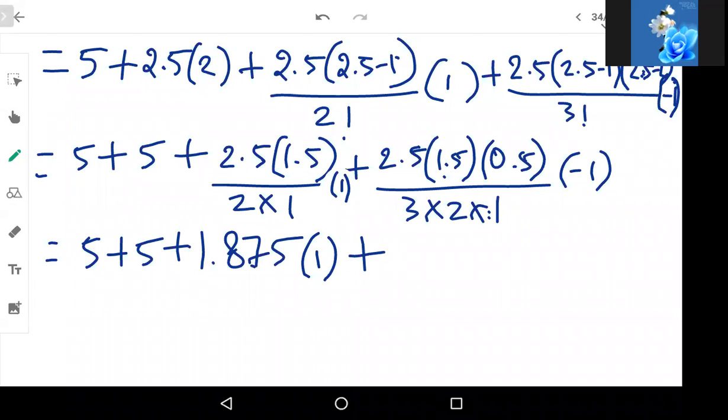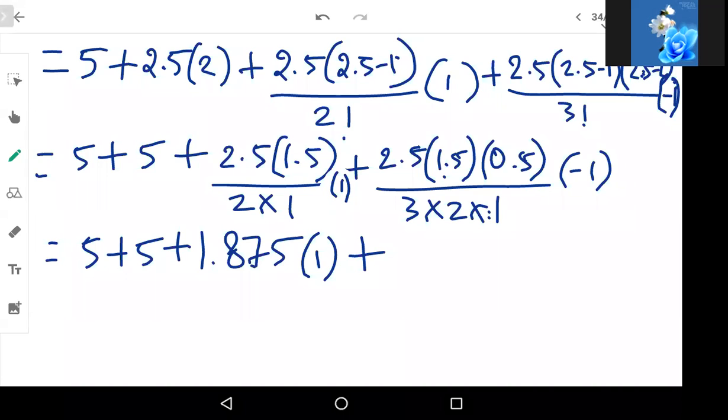Then plus 2.5 into 1.5 into 0.5 divided by 3 into 2, 3 twos are 6.